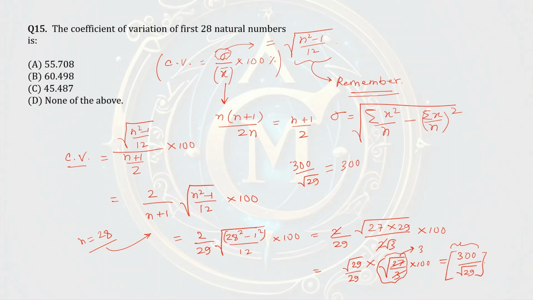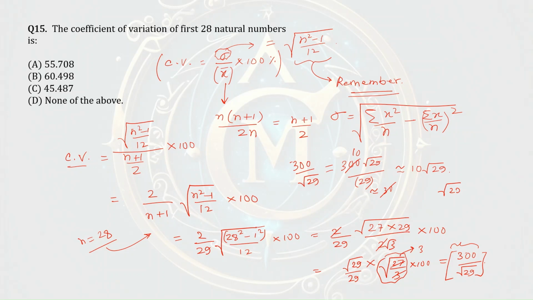So this becomes 300 root over 29 divided by 29. Now 29 we can approximately take as 30. This becomes 10, and this expression becomes approximately 10 times root 29.